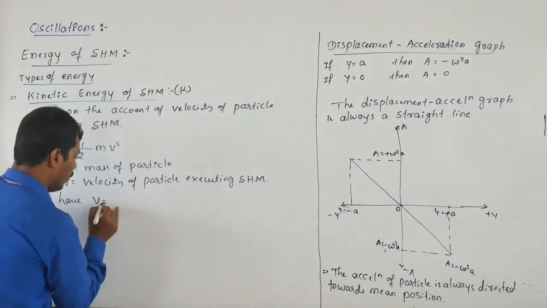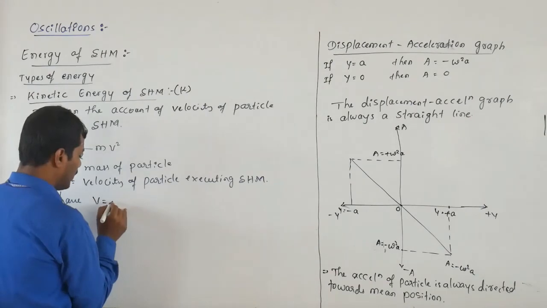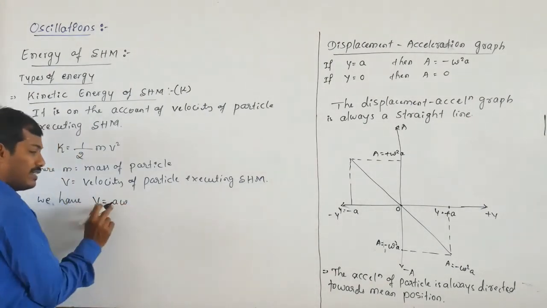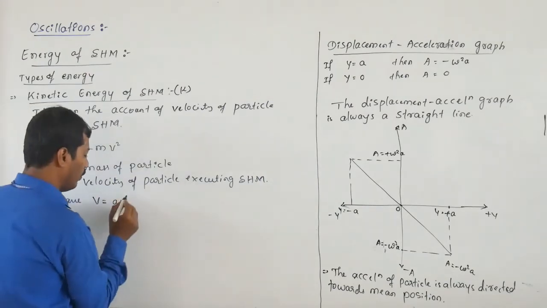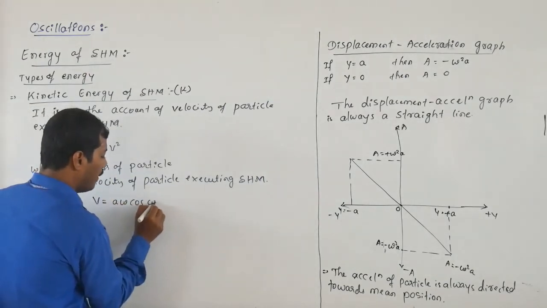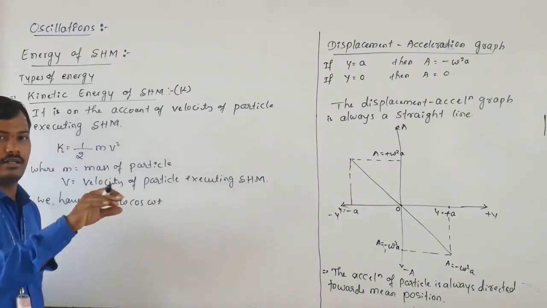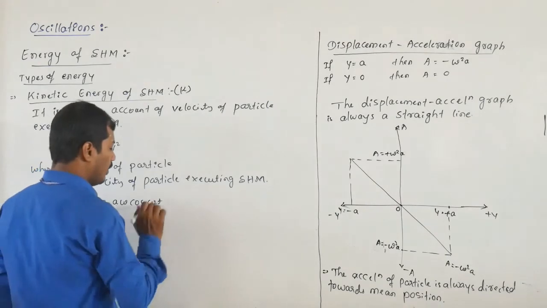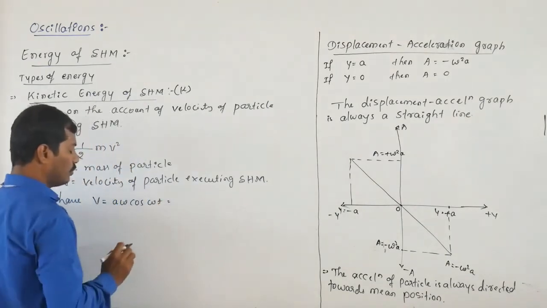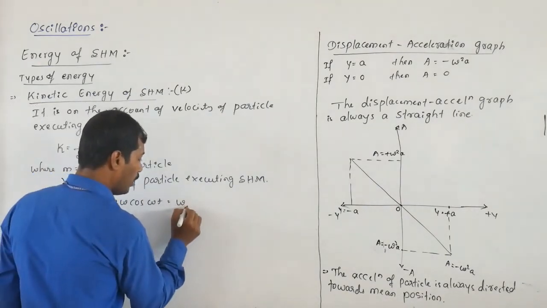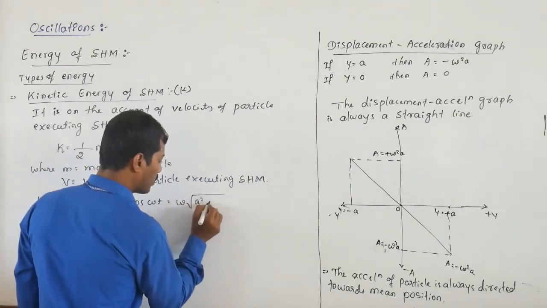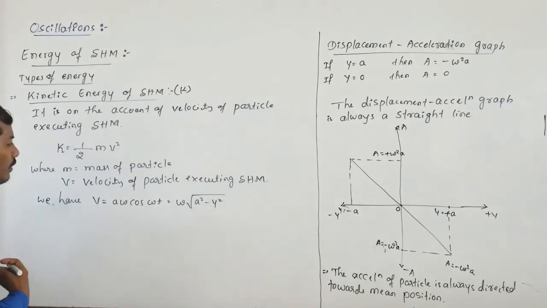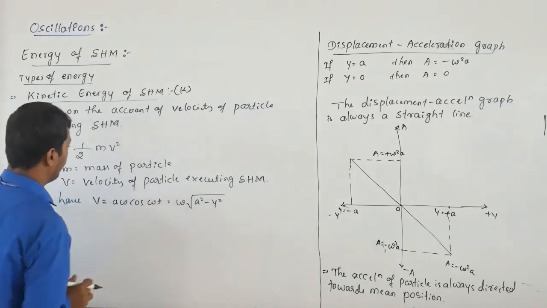One is a into omega into cos of omega t plus phi, where phi is the initial phase, call it as a 0. Or it is also equal to omega into root of a square minus y square, where y is the displacement of a particle. Okay, this is the form.